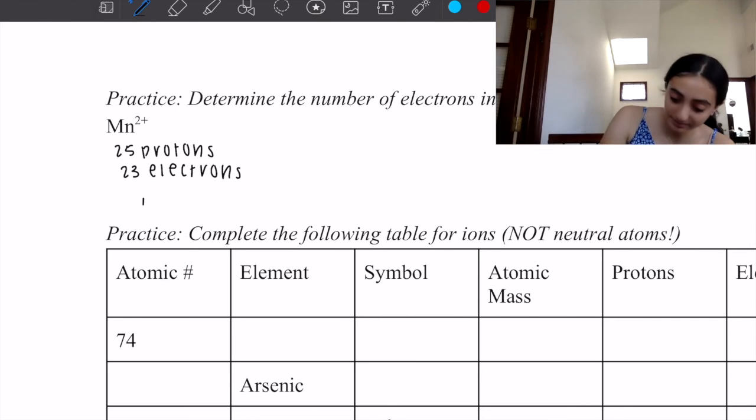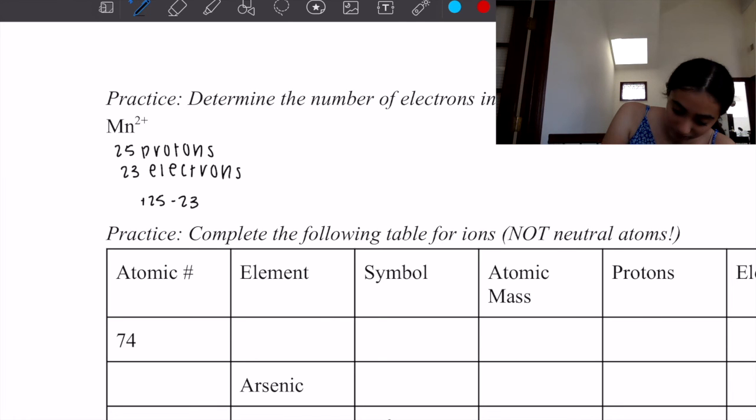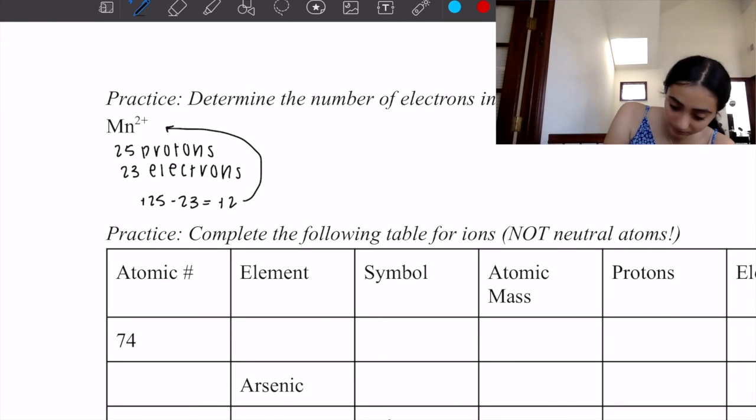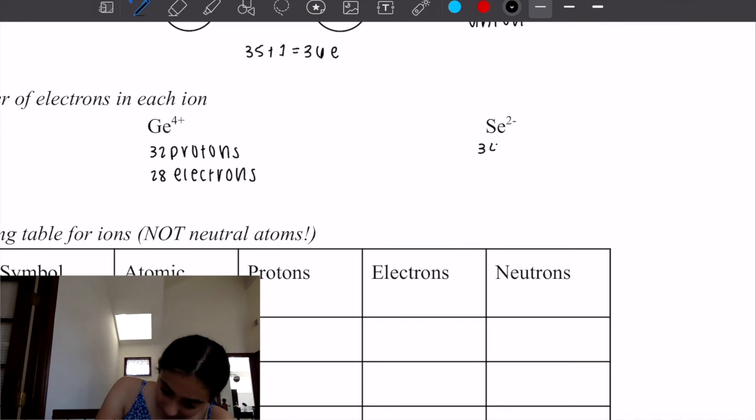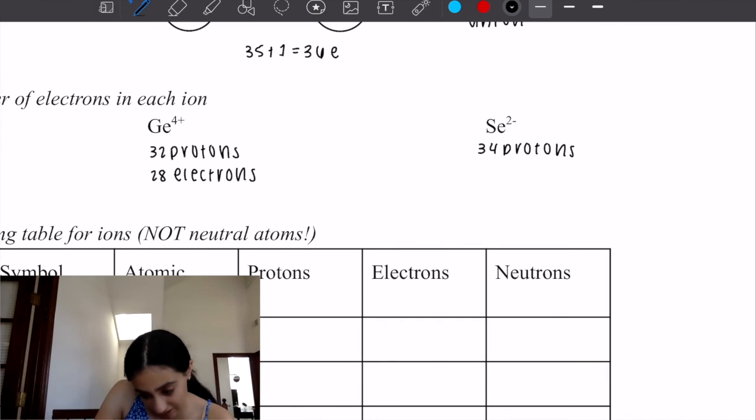And we can check that by doing plus 25 minus 23 equals positive 2, which is this charge. Selenium has a minus 2 charge, and it has 34 protons, and it will have gained 2 electrons, so 36 electrons.